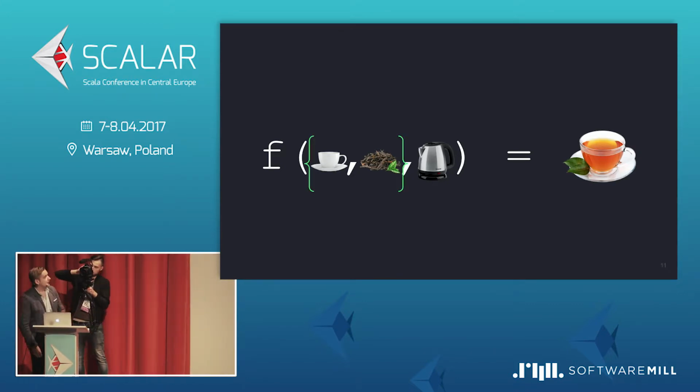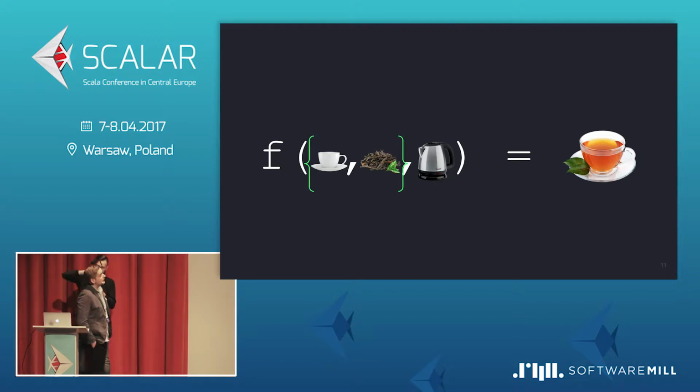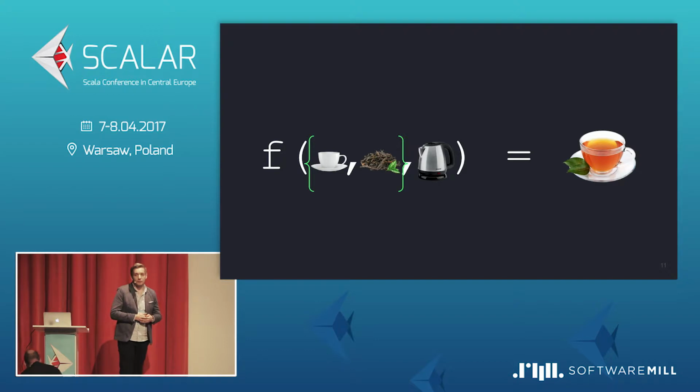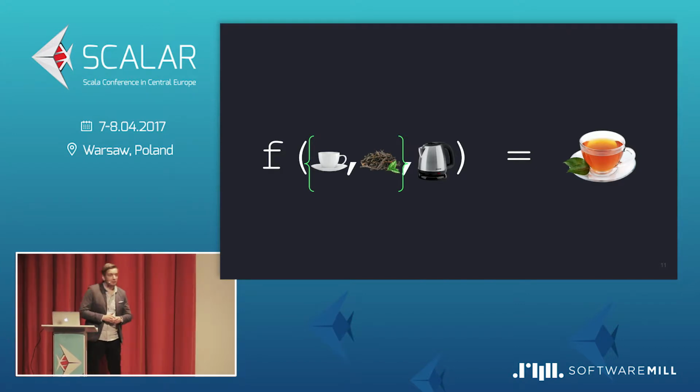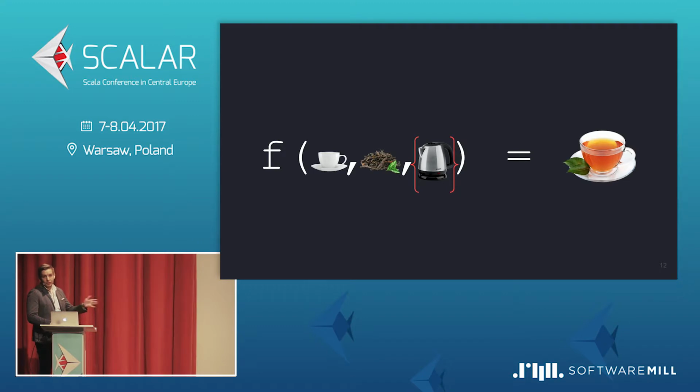If you look closer, those first two arguments are actually a bit different than the third one. They are more static than the third one. If you leave a cup and the tea leaves on the table for 10 minutes and get back, they're as good as they were 10 minutes ago, right? If you leave the kettle on the table for 10 minutes, well, the water might have cooled down, but that might be the least of your problems because the kettle might get broken in the meantime.